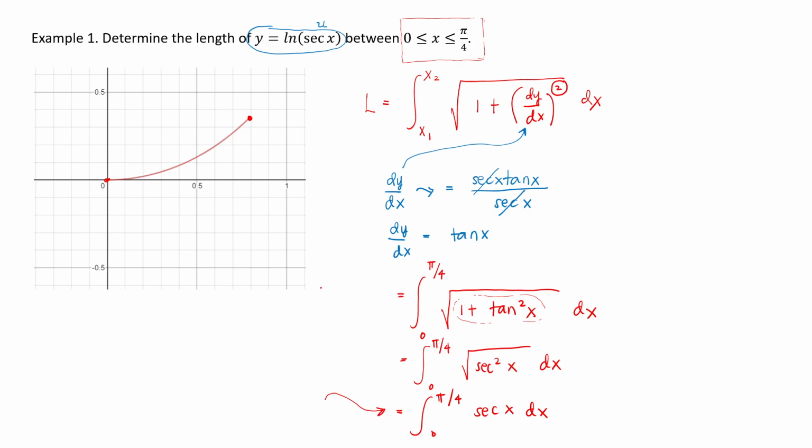At this point you can use the calculator, but I just want to make things simpler for the calculator so it's easier to get. So the arc length is equal to 0.88 units.